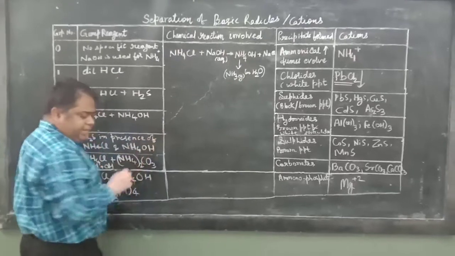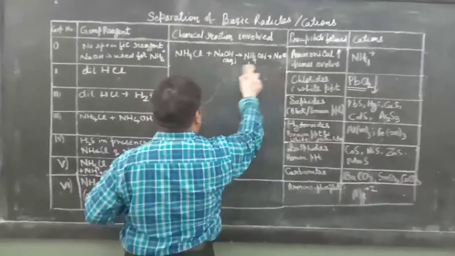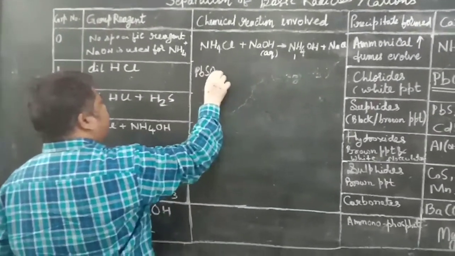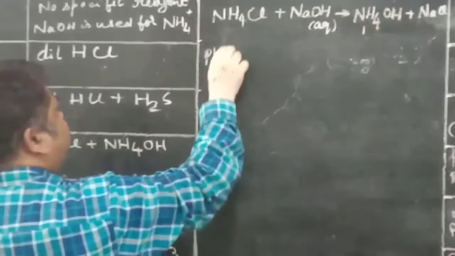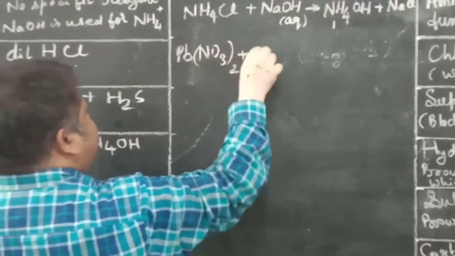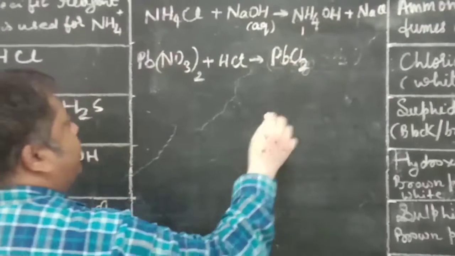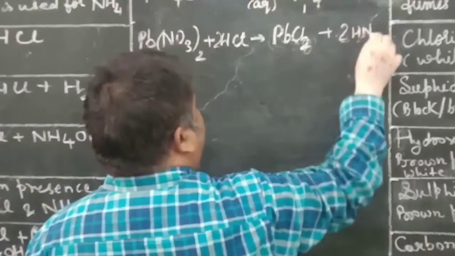Reaction involved in this case is, we can take any salt of lead, say PbSO4, or maybe a soluble salt of lead, lead nitrate, treat it with HCl, it will form white PPT of PbCl2 and 2HNO3.